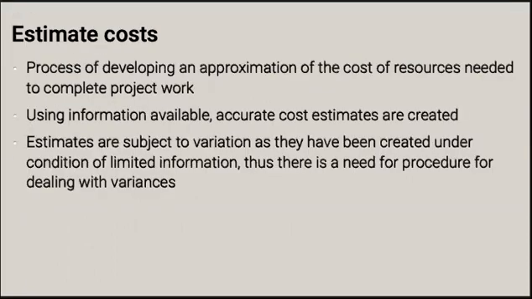So going to the next part, we have estimating costs. So this is the process where the total project cost is estimated, and I suppose the project manager and the team, maybe some stakeholders, would come together and sit down and try to estimate as realistically as possible, considering the information that they have at hand, how much the project would cost until it's complete.